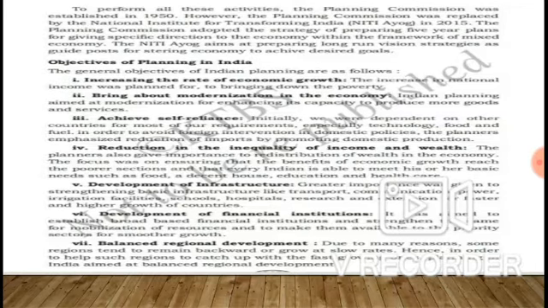Yes, the next one, balanced regional development. Due to many reasons, some regions tend to remain backward or grow at slow rates. Hence, in order to help such regions catch up with the fast growing ones, planning in India aimed at balanced regional development.